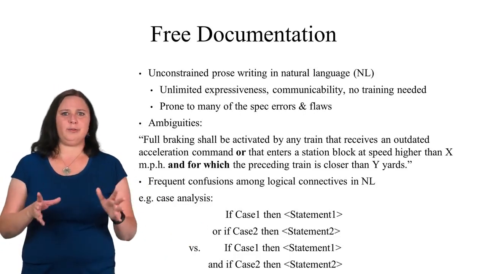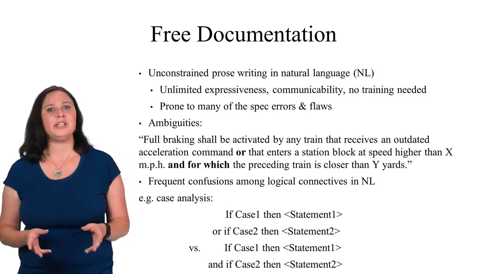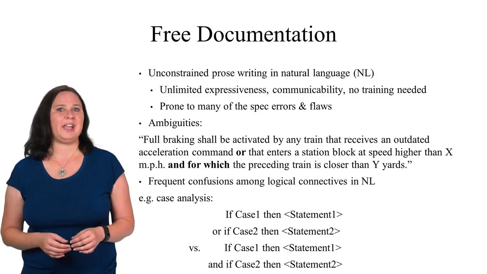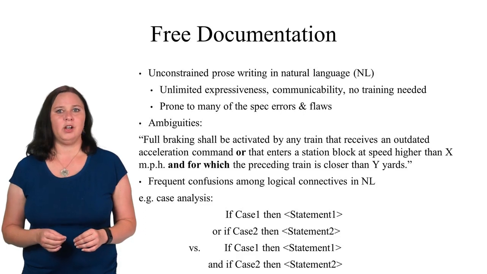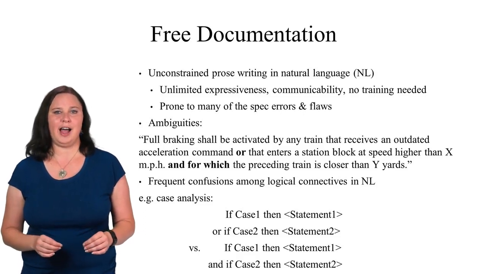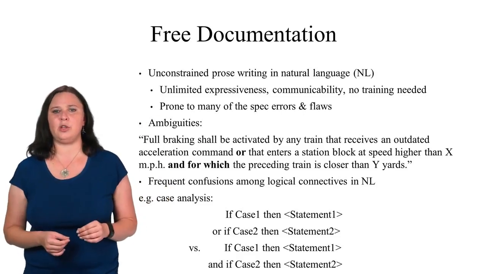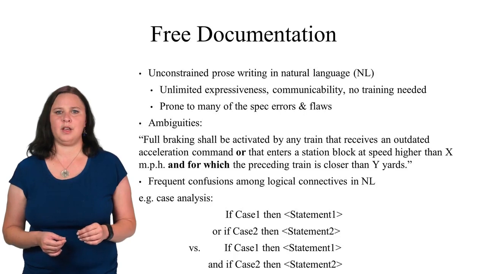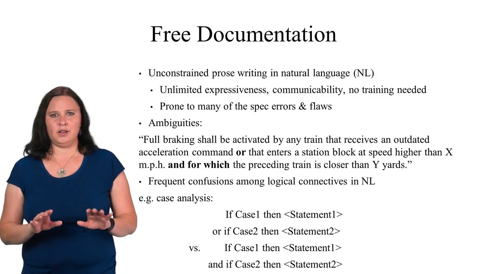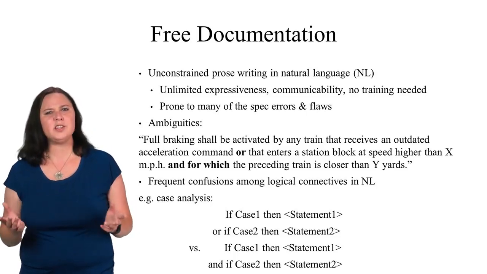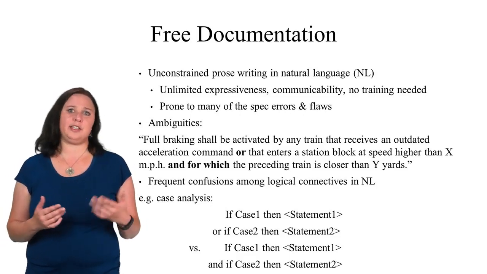So let's say, for example, that we write a requirement for a train system where the requirement is that full braking shall be activated by any train that receives an outdated acceleration command or that enters a station block at speed higher than X miles per hour, and for which the preceding train is closer than Y yards. Okay, think on this statement. From this, when does the train brake? This statement could be read in at least two different ways.